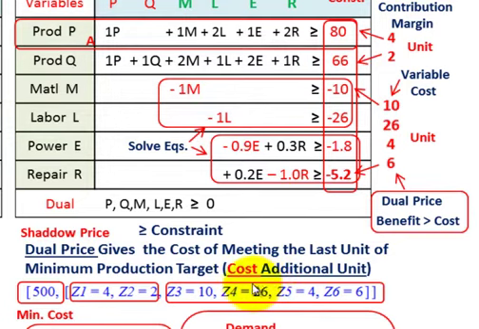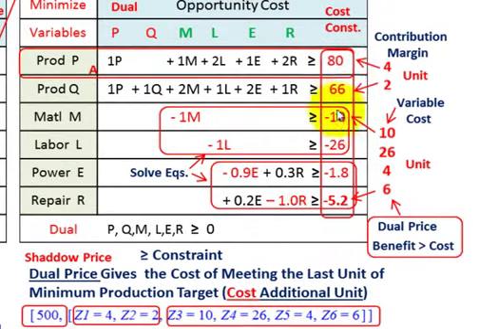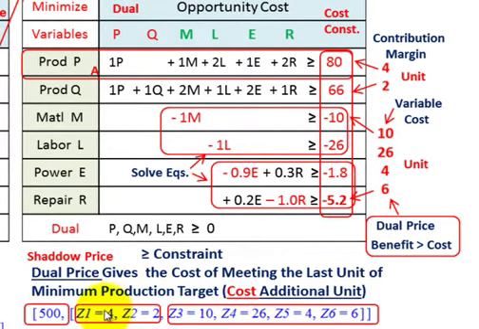Then I got these different solutions here. Let's understand what our coefficients and cost constraints are really talking about. The linear program gave me the marginal contribution margin on a unit basis for each product.